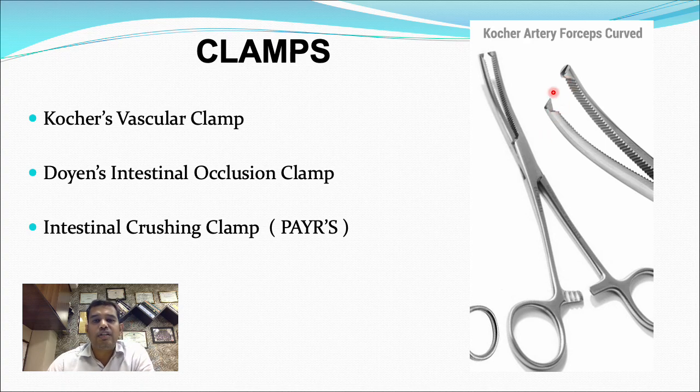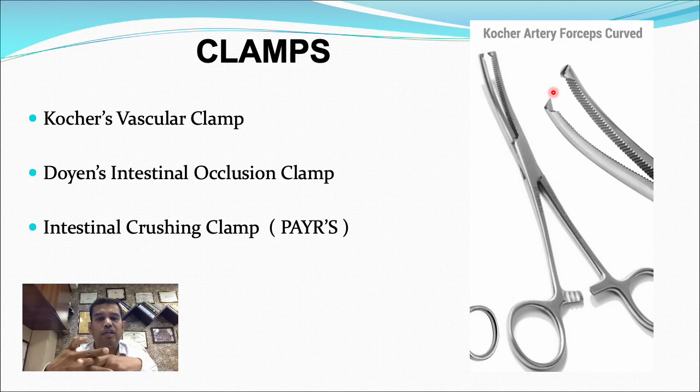When you're doing a nephrectomy, you want to ligate the hilar structures, the renal artery and vein. Suppose this is your artery. If you clamp it with a simple artery forceps, there is a tendency, when the structure is large, that we cannot occlude the entire structure, so the structure tends to slip.